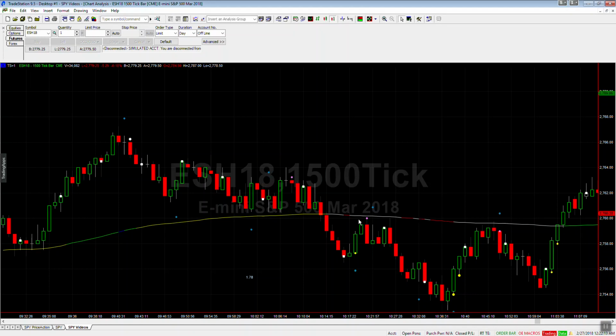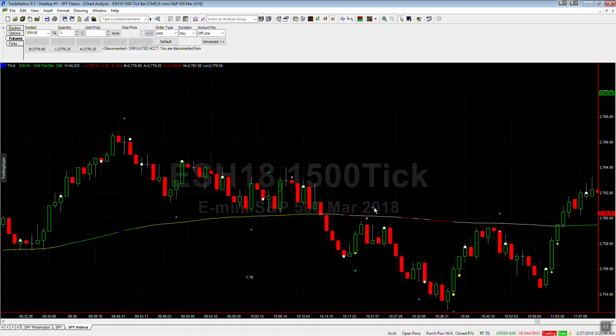and vice versa. Well, over here you couldn't have taken these to the upside because the timing alerts changed to red. So then, of course, if it's red, you can only take the timing alert dots that are above the candlesticks, these and these and these over here.